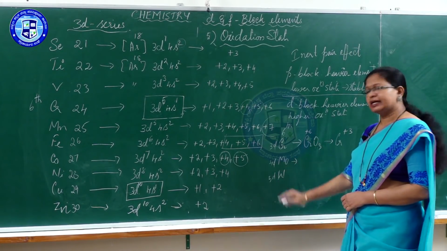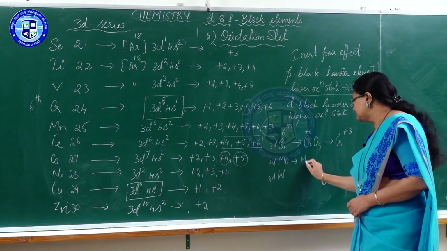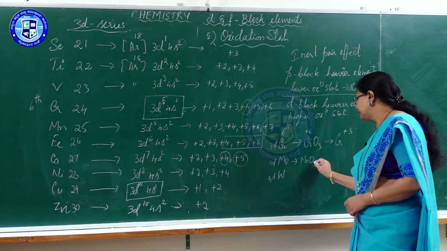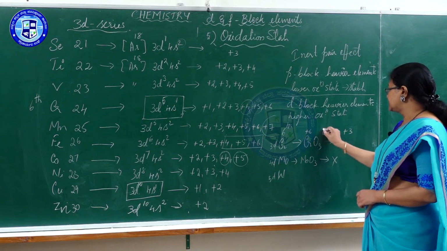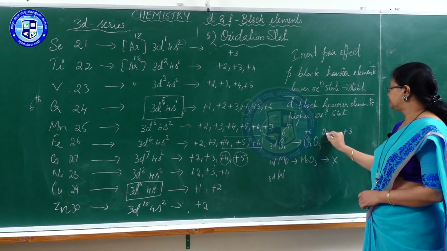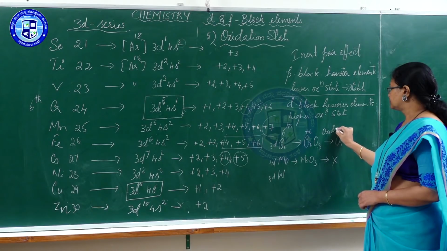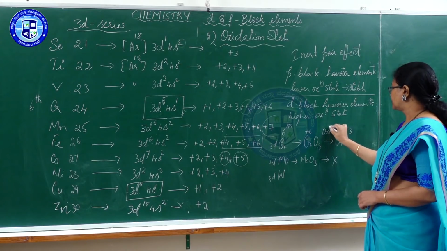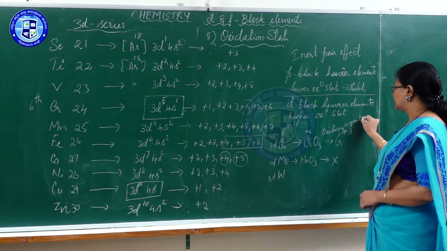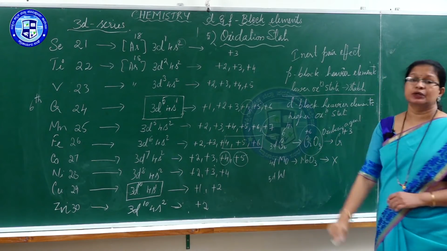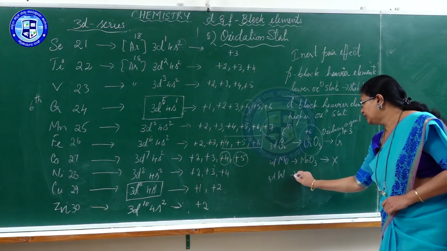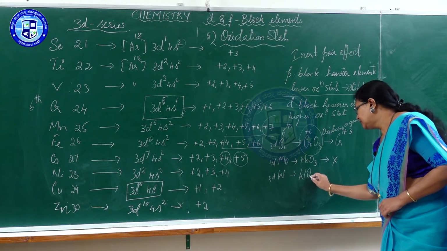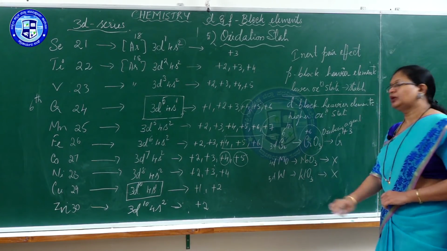Whereas if you check the oxide of molybdenum, say MoO3, it is not an oxidizing agent. CrO3 is a good oxidizing agent, whereas molybdenum oxide or even WO3, tungsten oxide, are not oxidizing agents.